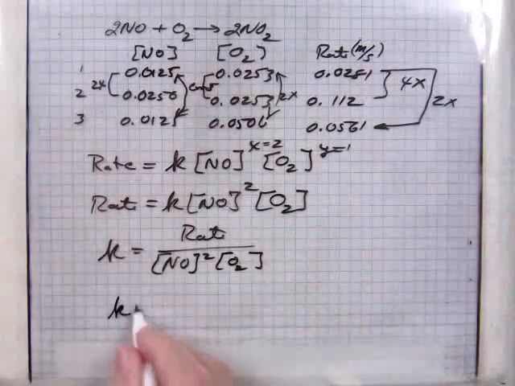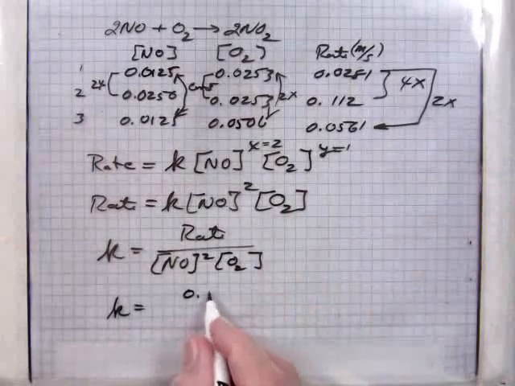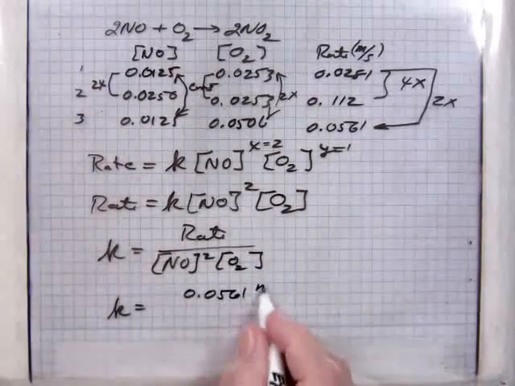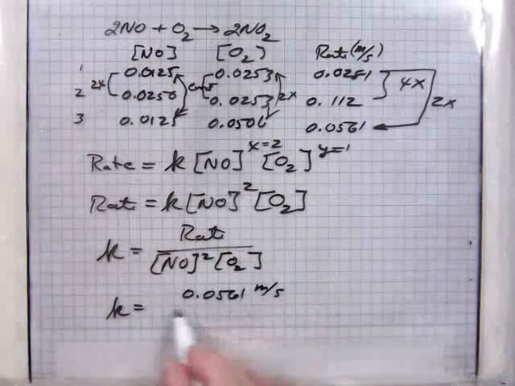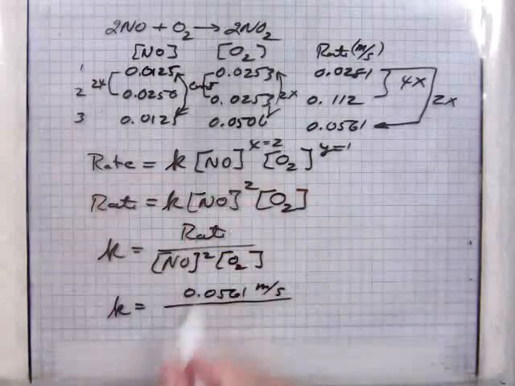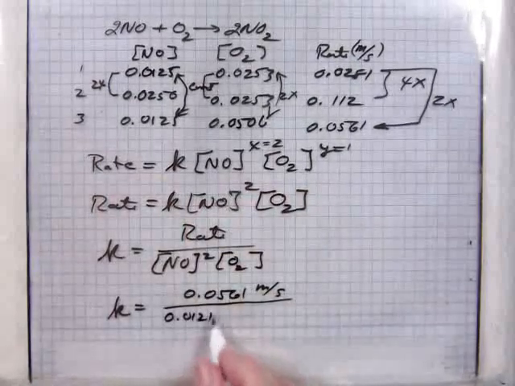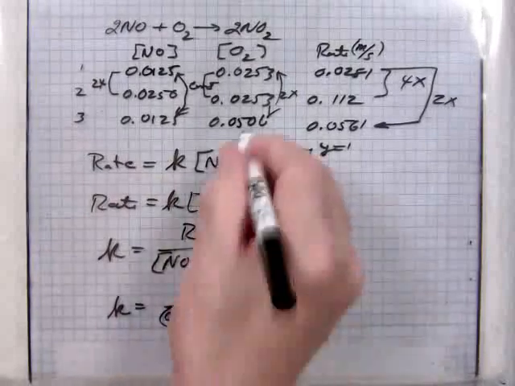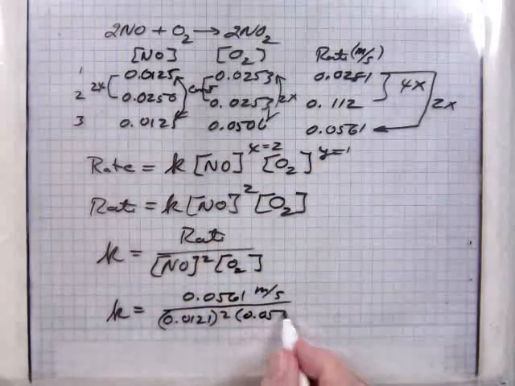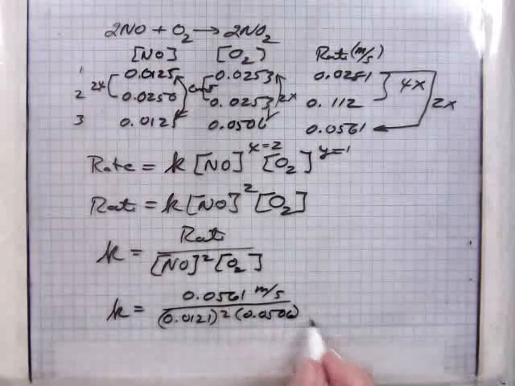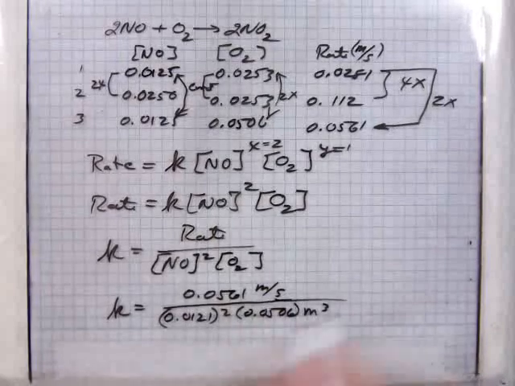K then is 0.0561 molar per second divided by 0.0121 squared and 0.0506 to the first power, and that's molar cubed in the denominator.